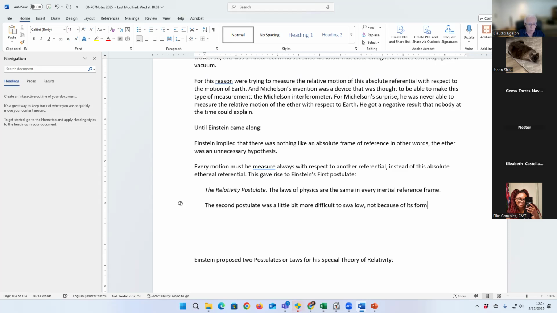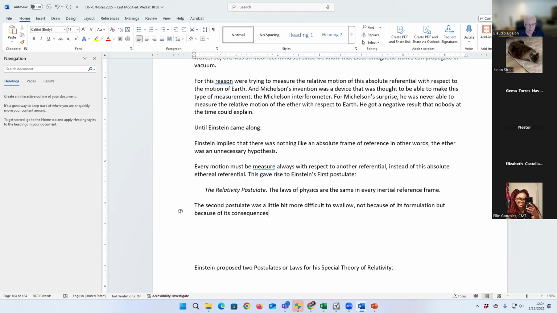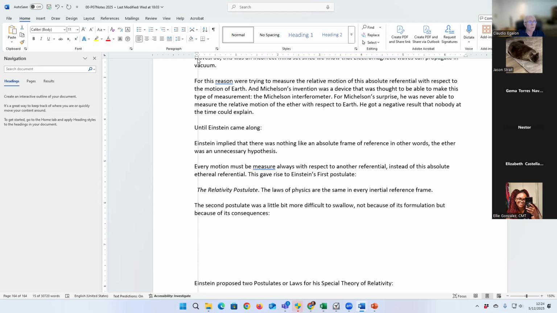The way it's formulated is very simple. It's not difficult to memorize, but it's difficult to believe. It's difficult to believe, not because of the way it was formulated, but because of its consequences, okay?